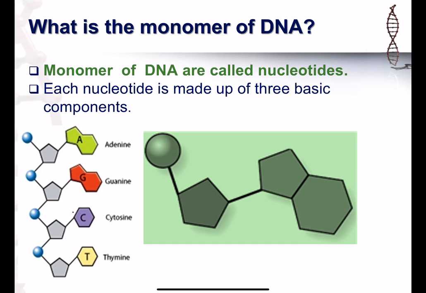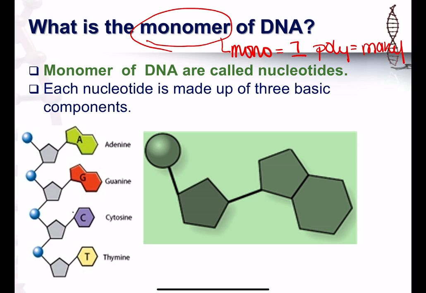Okay. So what is a monomer of DNA? I think this is a key word right here because you guys have been exposed to this in the past. Remember that a monomer, mono equals one and poly equals many. So if you have a polymer, you would have many parts of DNA. But if you have a monomer, you have only one.